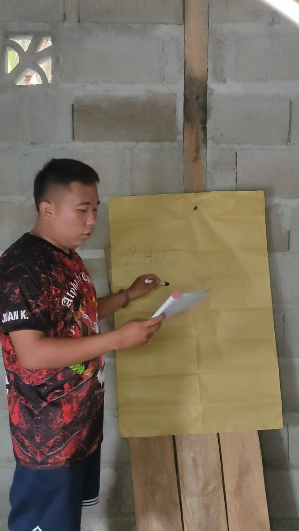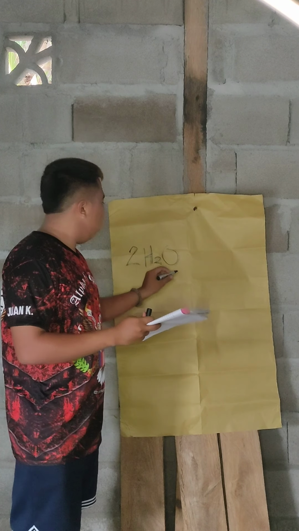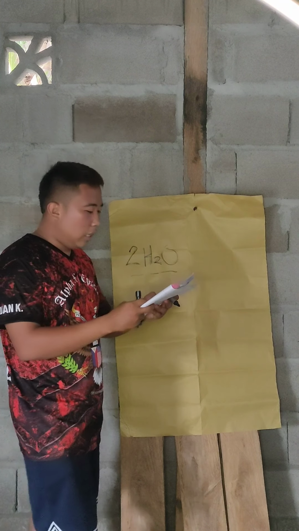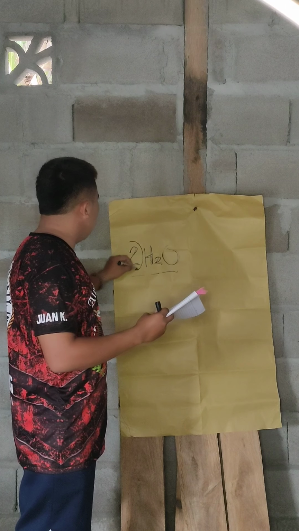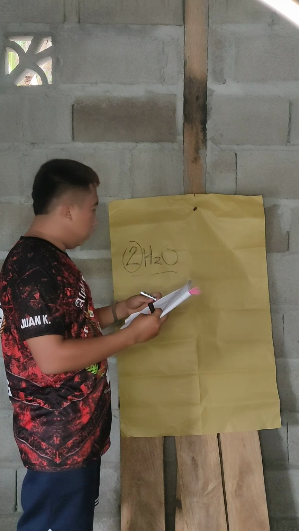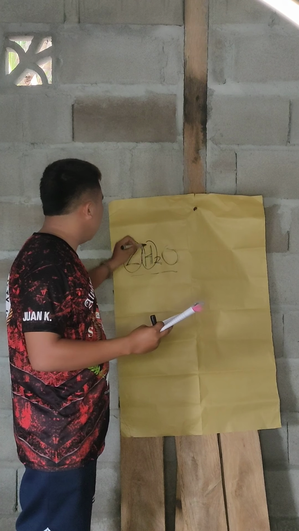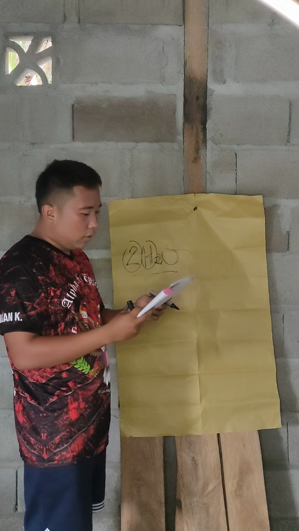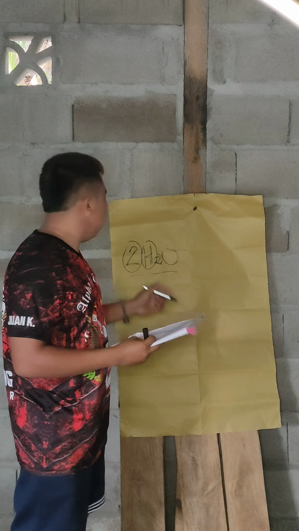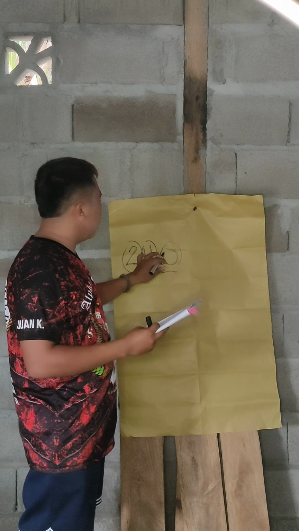This is what we call the product. And this number we call the coefficient. And this symbol is the element hydrogen. This number we call the subscript. And this symbol is the element oxygen.